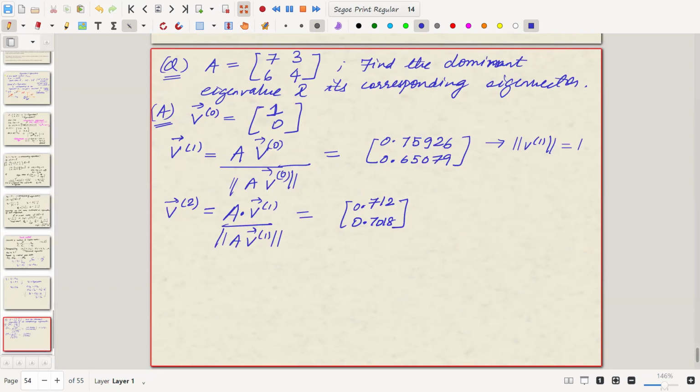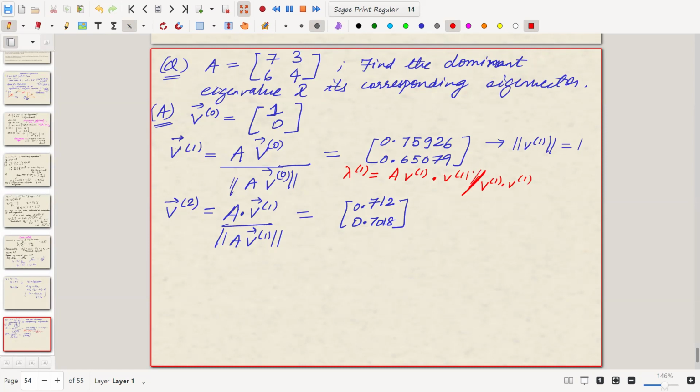Let us use another color. So what I ask you is to compute lambda 1 at the same place. Lambda 1 here will be A V1 dot V1, divided by V1 dot V1. What will that denominator be?